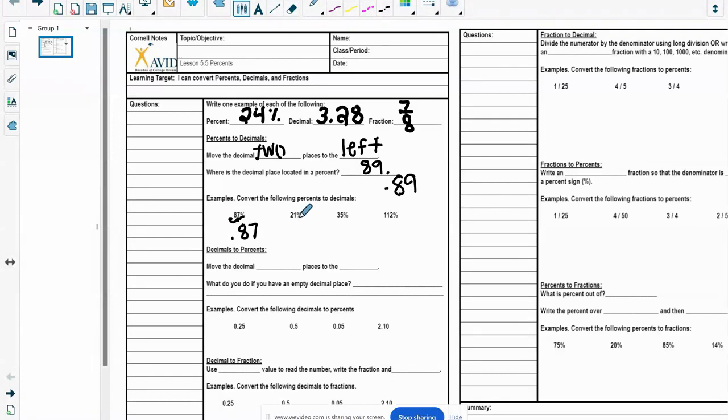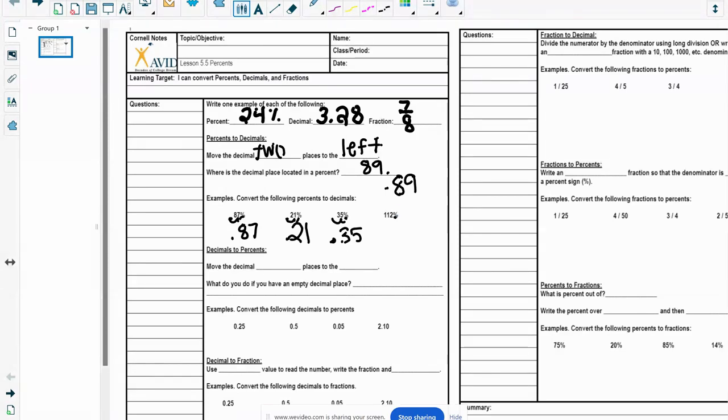Then 21%, we'd have 0.21. 35%, we put that decimal in the end, move it over twice, 0.35. And then last but not least, 112%. Again, in $112, that decimal still comes at the very end.